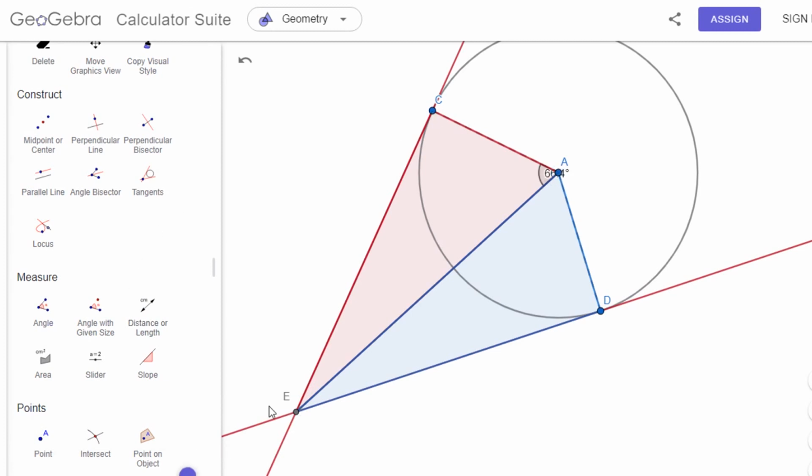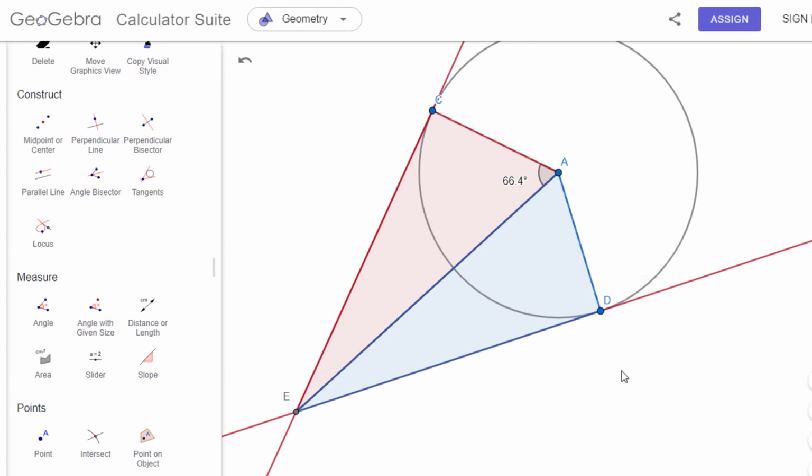So let's say that angle has been given, like so. Okay, so this is how a question might come in the exam. This is what the examiner might bring. Then in the exam, you might be told to find the angle EAD.